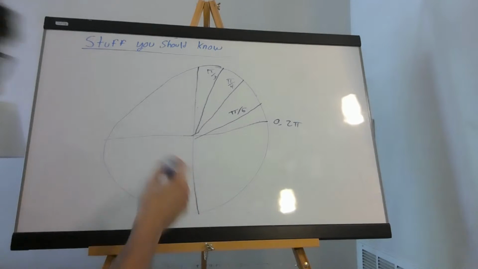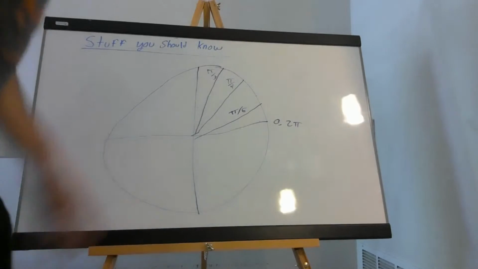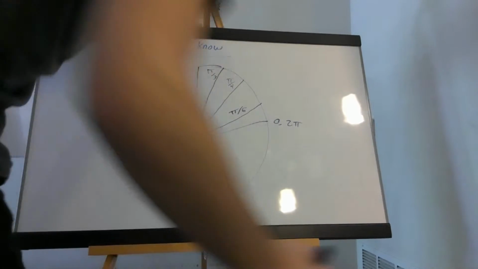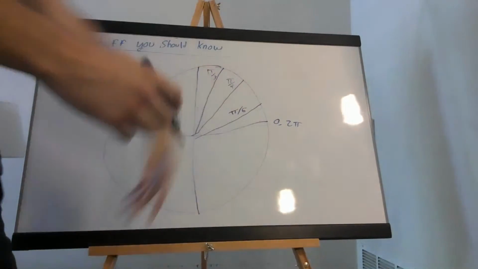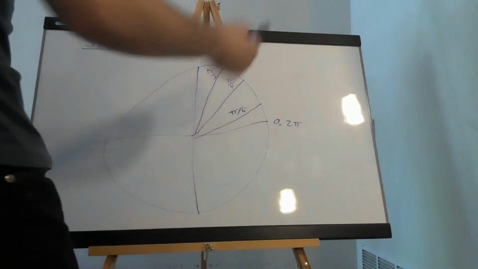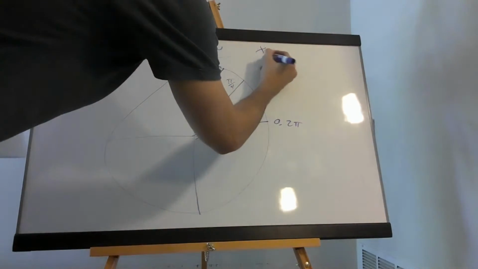Just real basic stuff. I'm assuming most of you have at least this quadrant memorized, so I'll get right into it. Now these ones, the radical values, the sine and cosine values, right? Because we all know that we write coordinates as x, y.